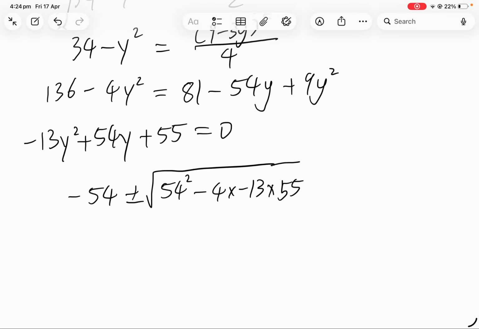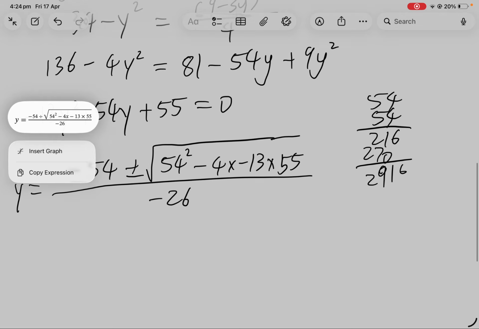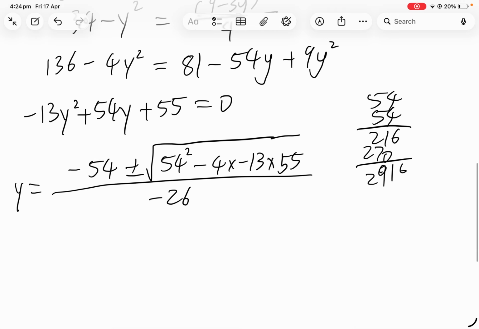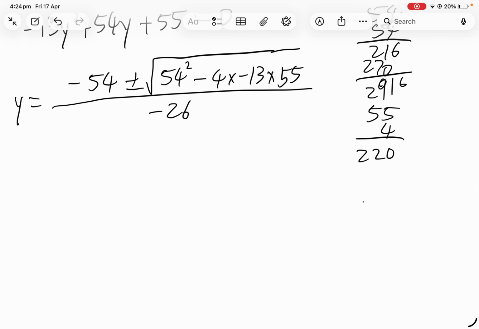I don't have a calculator right now, so I'll just do it by hand. We'll do 4 times 55 first, because that's easier. It becomes 220, and then we have to times that by 13.